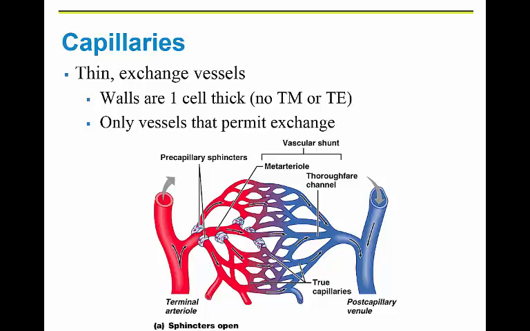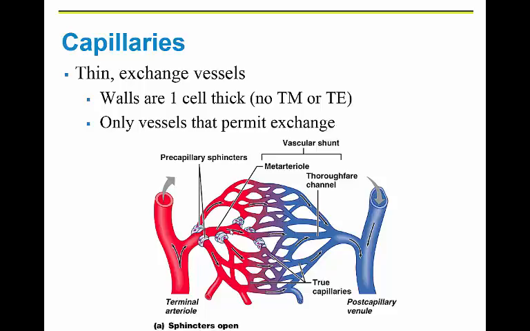A couple other things to note is that around the base of some of these capillaries, as the capillary beds expand out, you're going to have these muscles called sphincters, and these are basically open and closed valves for the capillaries, and they'll direct blood as needed. Remember, we talked about fight or flight type responses.